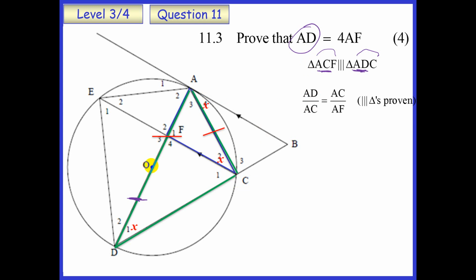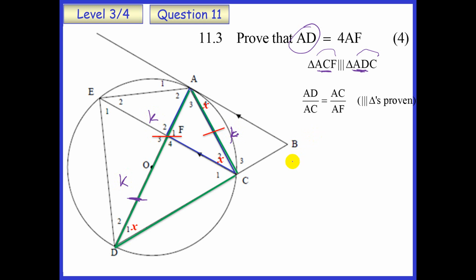If we use a letter for a side, let's call it K units, then AC is K units and AO is K units.